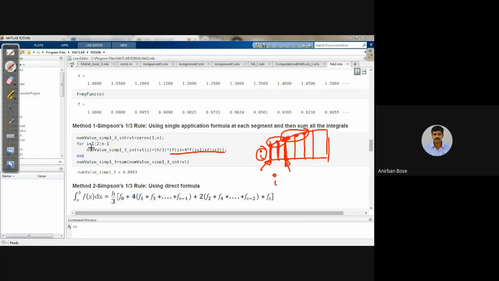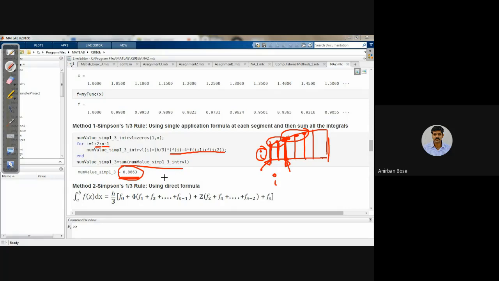That is why you observe that the for loop that we have used here starts at 1, but the increment is 2, and it will go up to n minus 1. The remaining things are exactly the same. After that you have to add all these values, the area within these segments, and you will get the value. You can see that Simpson's 1/3 rule is giving a better result, almost 0.8863.